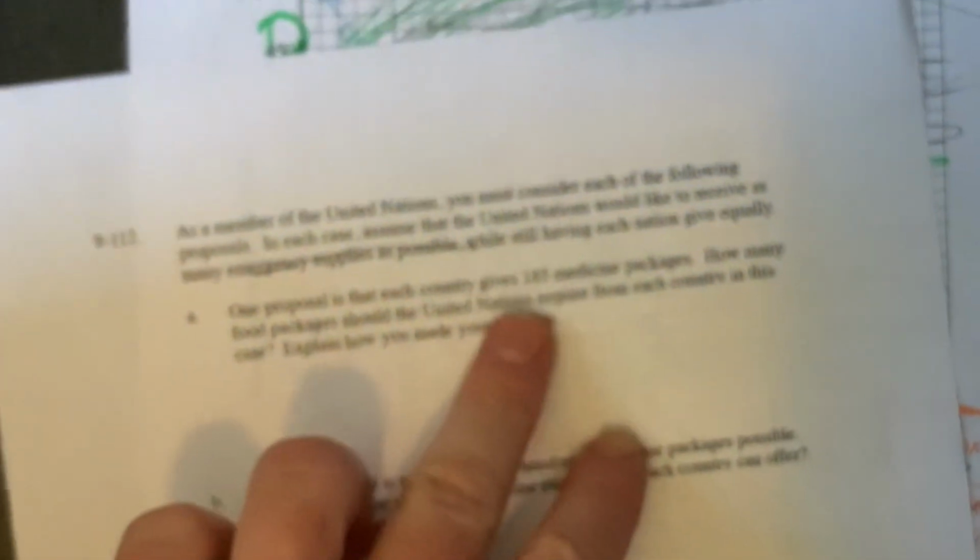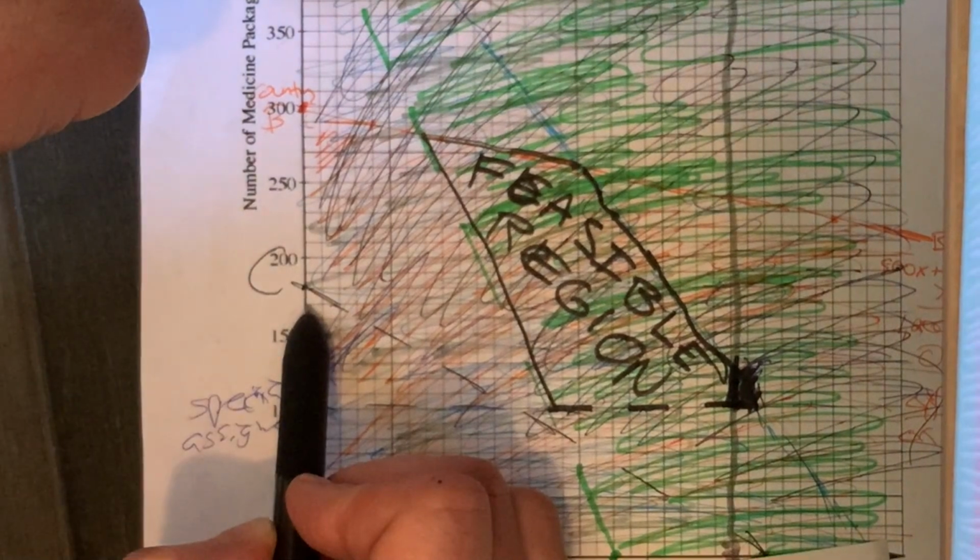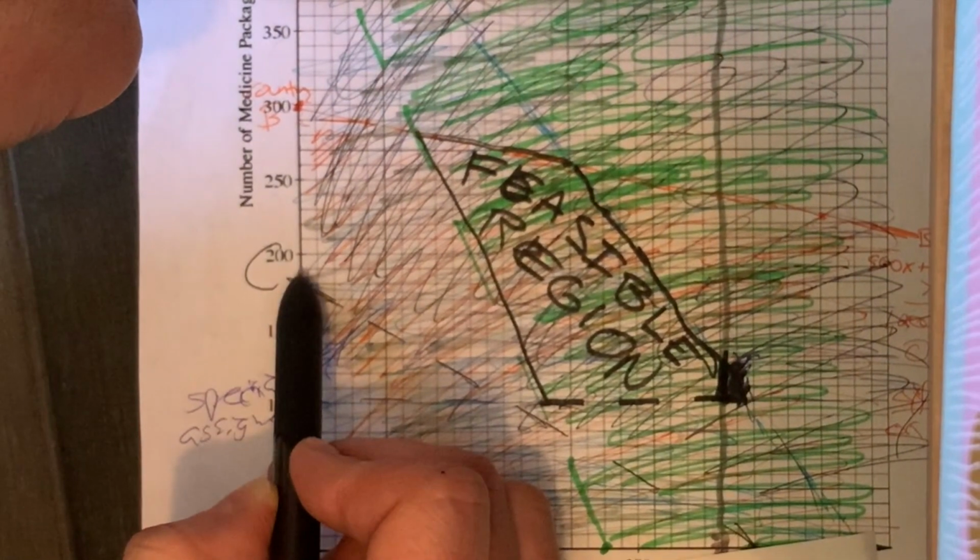So remember from the original part of the problem, they wanted people to give as many emergency supplies as possible. It's still giving equally, so we're not going to violate the constraints, but we want to maximize within those constraints. So one proposal is 185 medicine packages. Here's how we can use this information. We can go to 185 on our y-axis, right here.